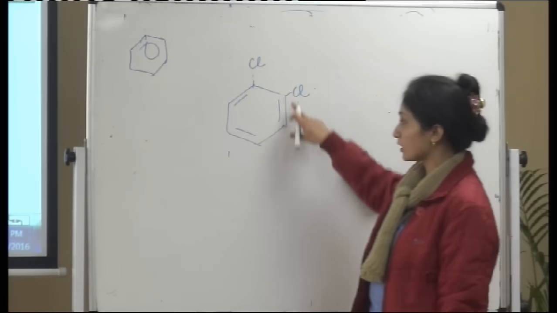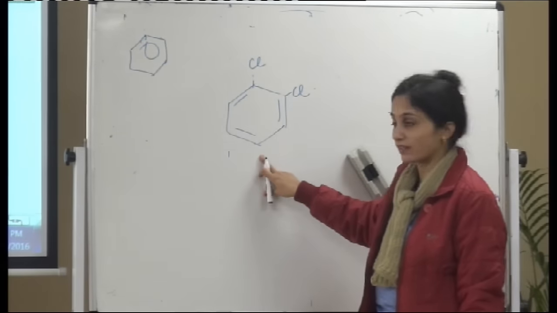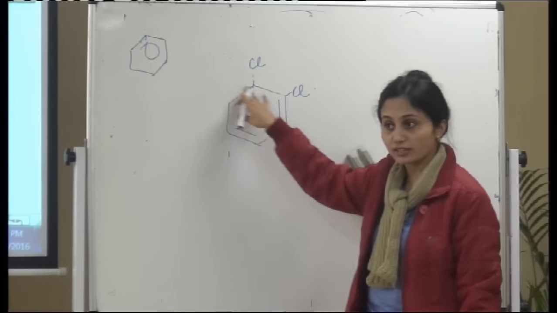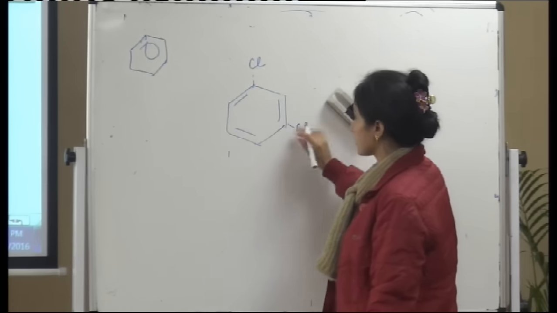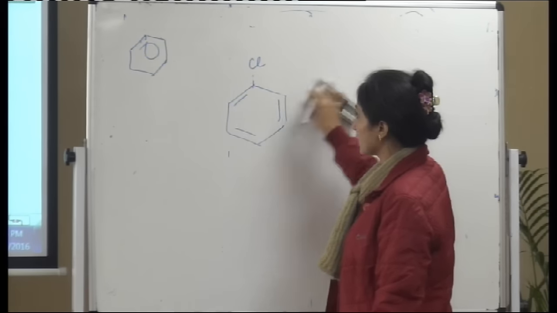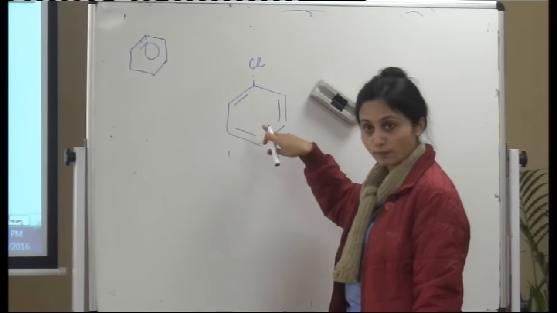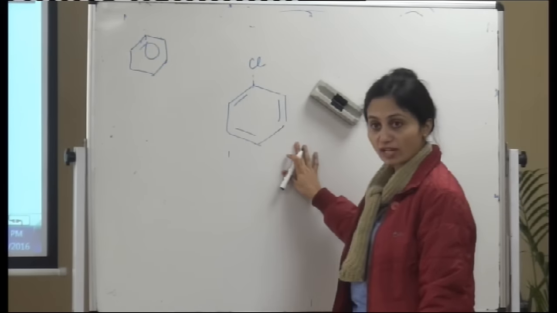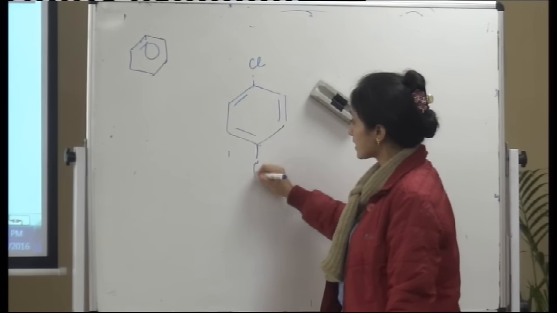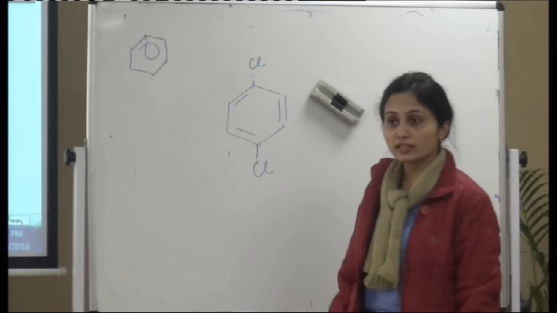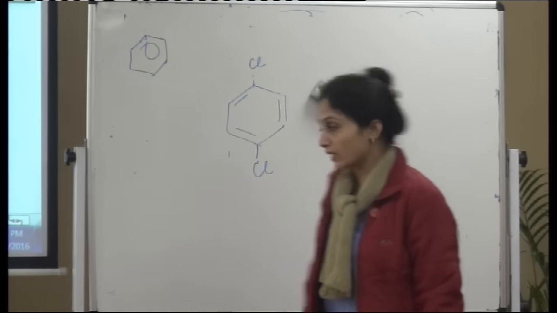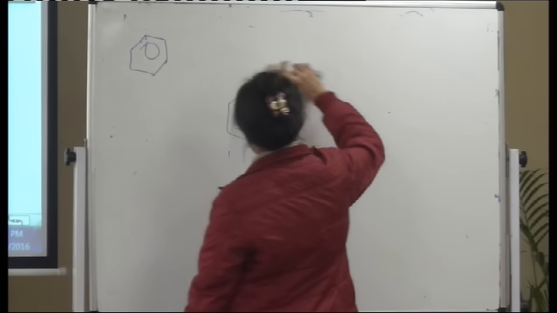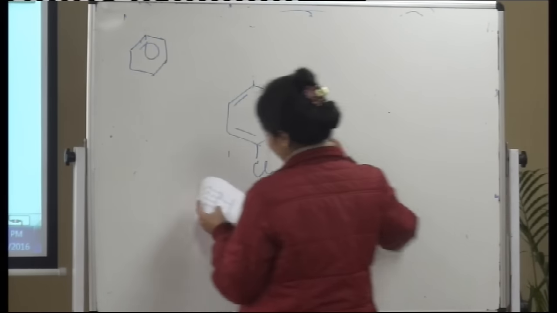This is ortho, this is meta, this is para. Alright, this is orthodichlorobenzene. If I put it here, then this will be meta, and the naming will be like, in this case you said 1,2-dichlorobenzene. In this case it will become 1,3-dichlorobenzene. In this case becomes 1,4-dichlorobenzene, and the common name will be para-dichlorobenzene. Okay, that is understood.